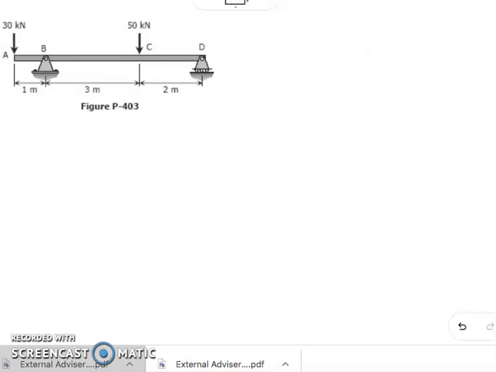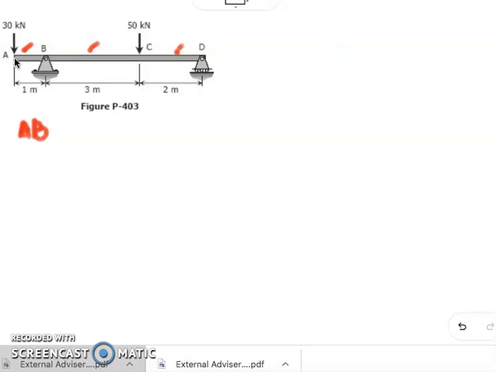We have three segments: segment AB, segment BC, and segment CD. For every segment, we take a section so that we can identify the shear and moment equations for segment AB, segment BC, and segment CD. So let us start with segment AB.